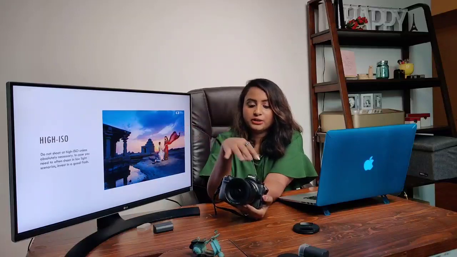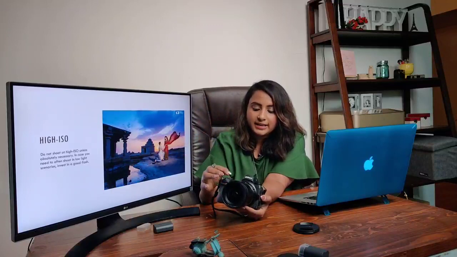If the meter is showing me +1 or +2 or +3, that means the scene has a lot of light, and with my current settings the scene will get overexposed. Then I'll need to either reduce my ISO or increase my shutter speed and bring down that light so that I can get a correct exposure. So in order to get the correct exposure, you need to bring your camera meter to 0.